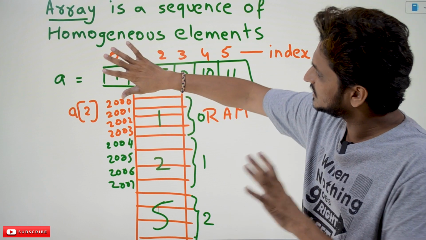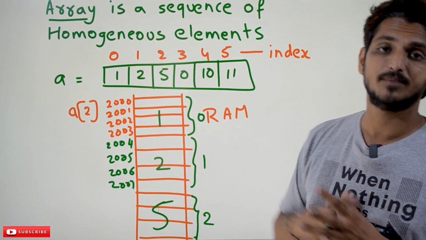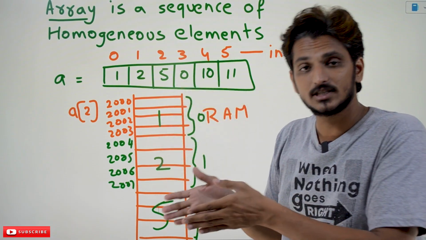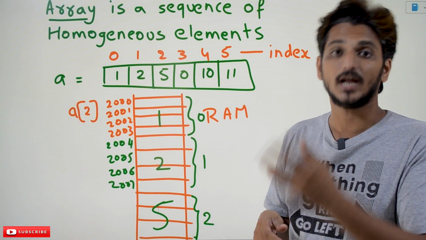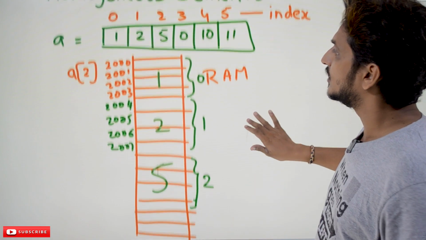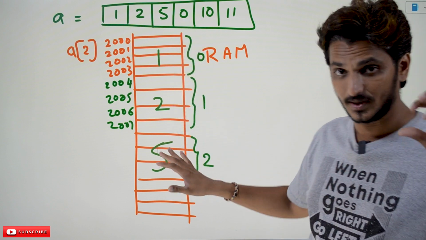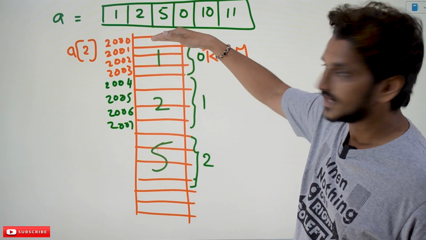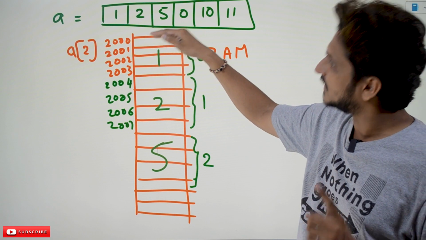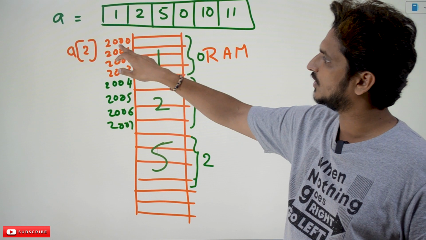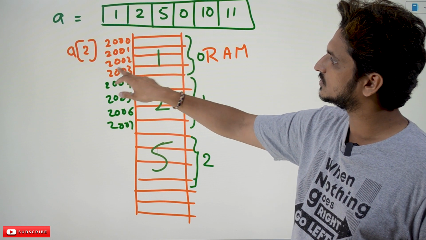This is how we are showing it for understanding purposes, but in reality you need to understand how it is stored in the computer's random access memory. In our previous classes, we saw that in random access memory each line contains 8 bits, meaning 1 byte. That line number's address is given as some address. We are going to provide address values like 2000, 2001, 2002, 2003.